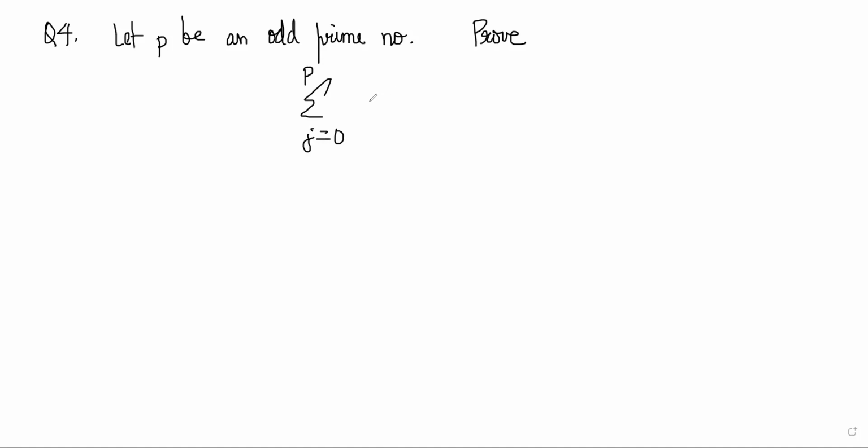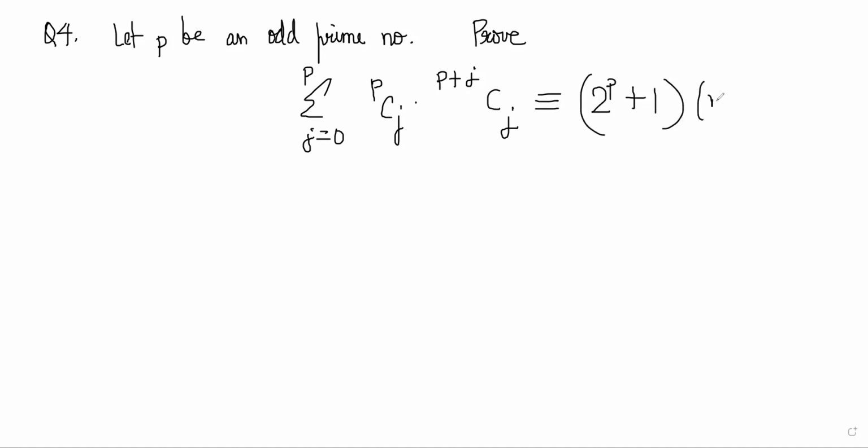This says let P be an odd prime number, and we have to prove that summation of j equal to 0 to P of C(P, j) multiplied by C(P+j, j) is congruent to 2 power P plus 1 mod P square. Okay.